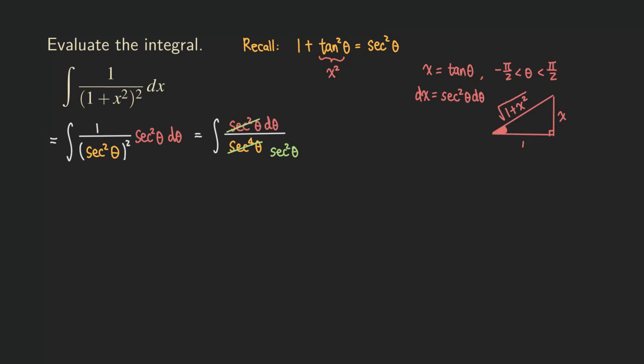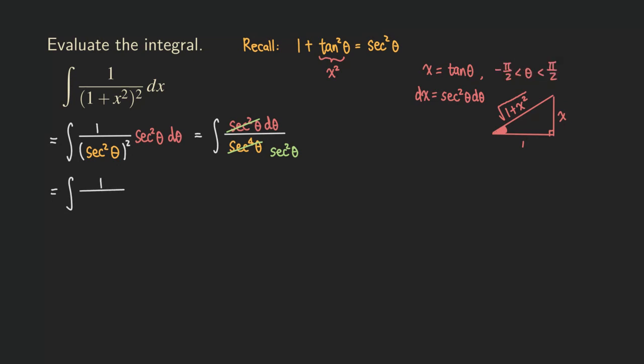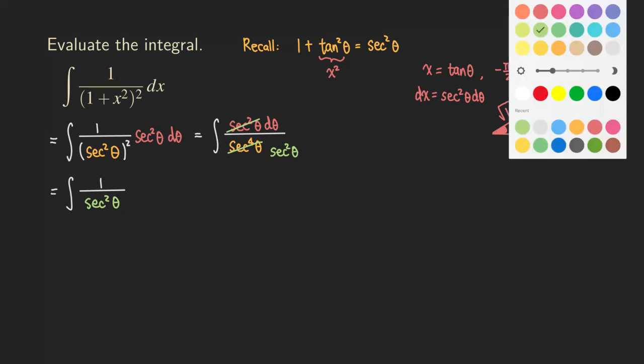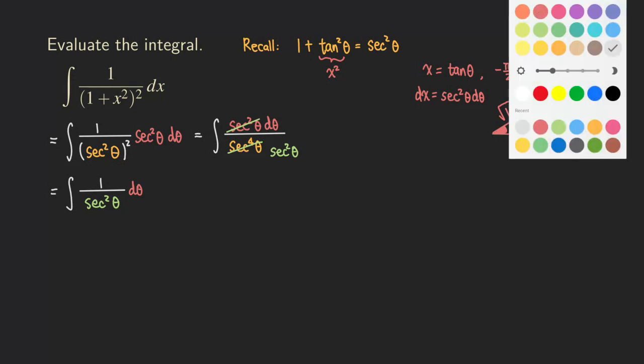Okay, so next step, we have the integral of 1 over the secant square theta. And of course there was still the d theta on the side, right?